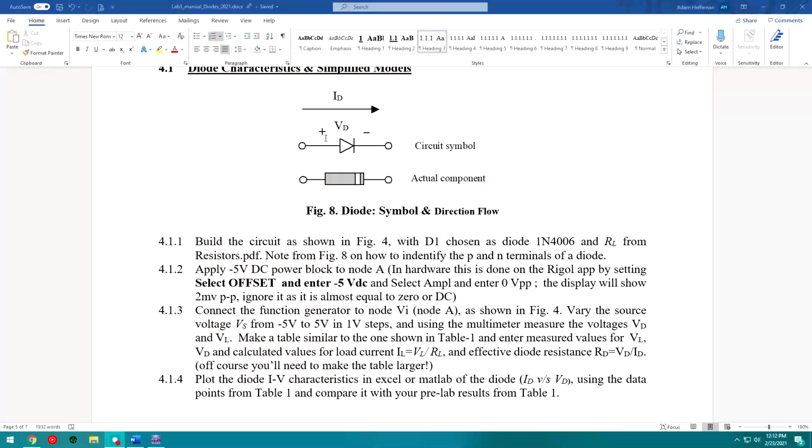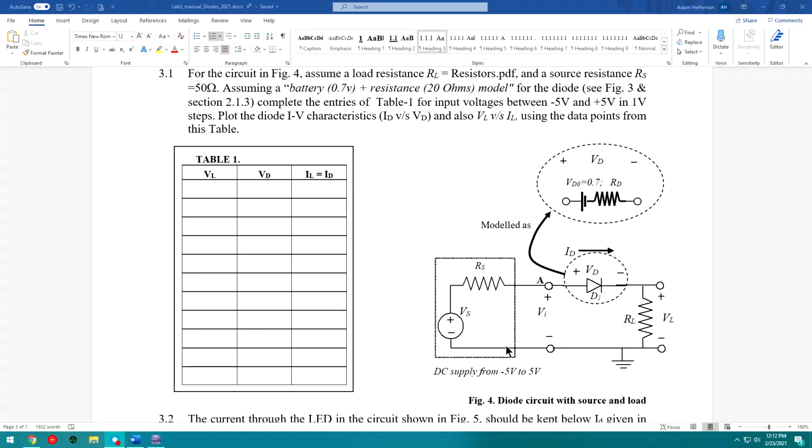The P terminal is the broad side of the triangle. The negative side is where the triangle comes to a point and has a parallel line to it. So make sure you're connecting it properly. If you connect the positive side of the voltage to the negative terminal, it's never going to turn on. So this is the circuit that we're trying to wire up.